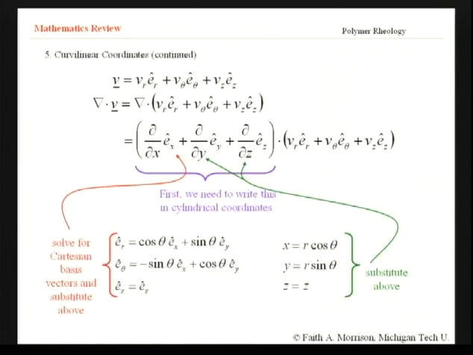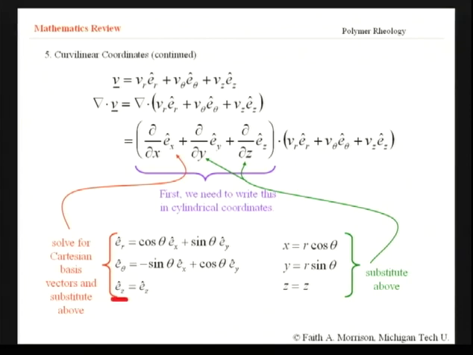So in vector tensor notation, if you convert the coordinates from Cartesian coordinates into, let's say, cylindrical coordinates, you can get these geometric relationships to relate the unit vectors in the xyz coordinate with the r, theta, z coordinate.